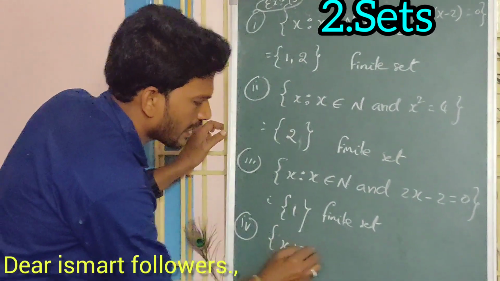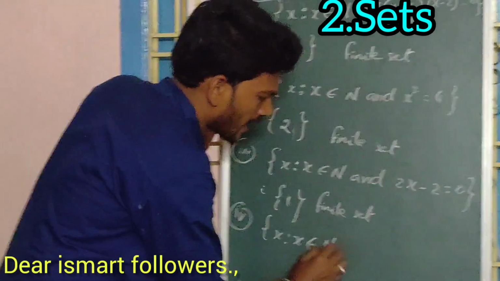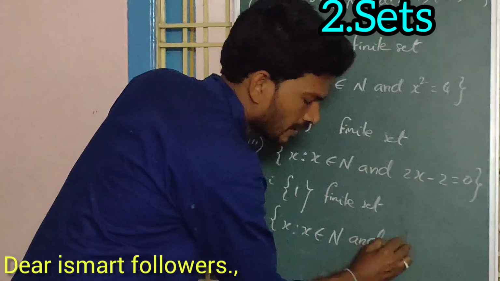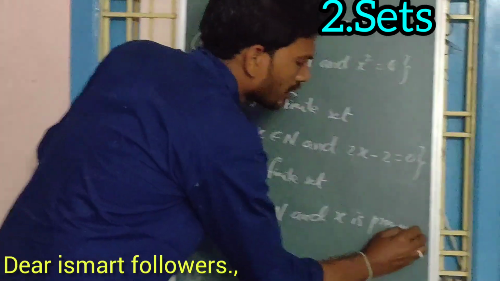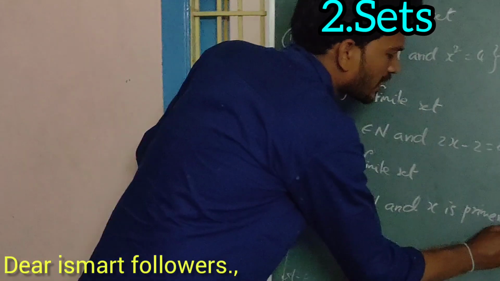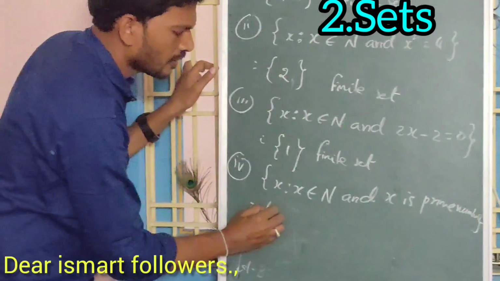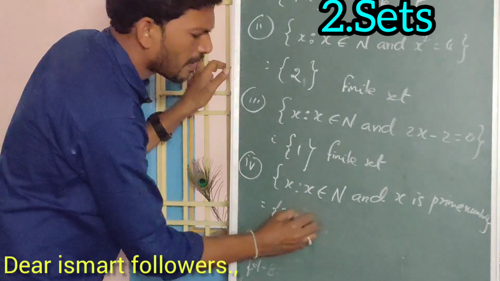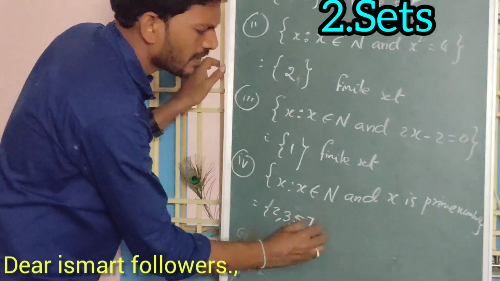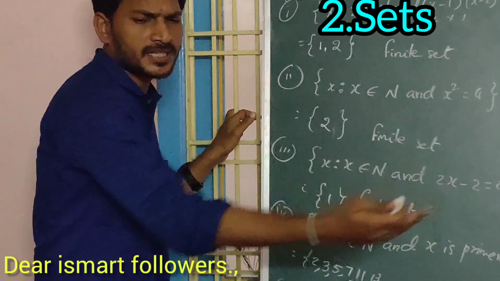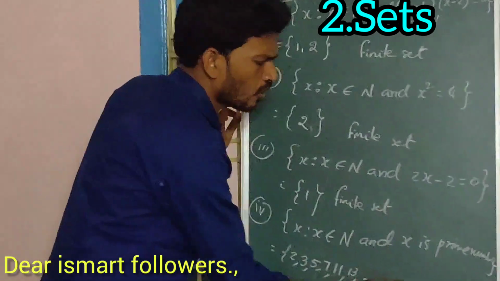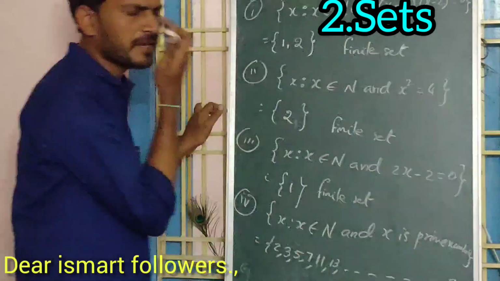Next, the fourth one. X such that X belongs to N and X is a prime number. What is the first prime number? 2. Next prime number? 3. Next? 5. Next? 7. Next? 11. Next? 13. So how many prime numbers are there? So many. Is this finite or infinite?